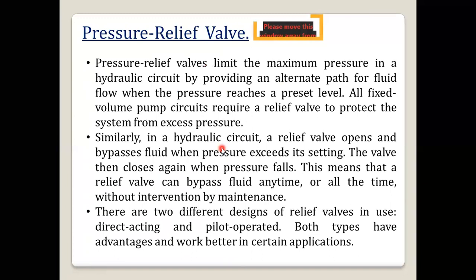Okay, so what is the pressure relief valve? Pressure relief valves limit the maximum pressure in the hydraulic circuit by providing an alternate path for the fluid flow when the pressure reaches a preset level.